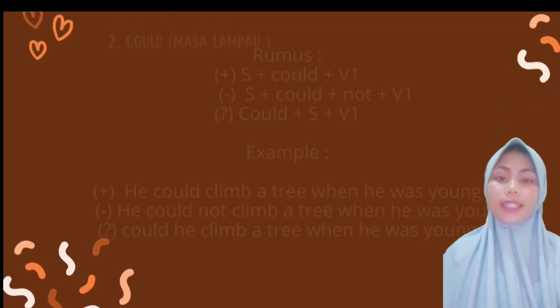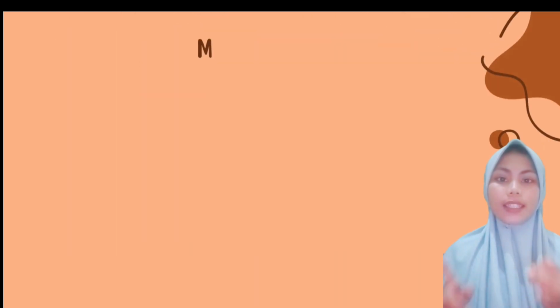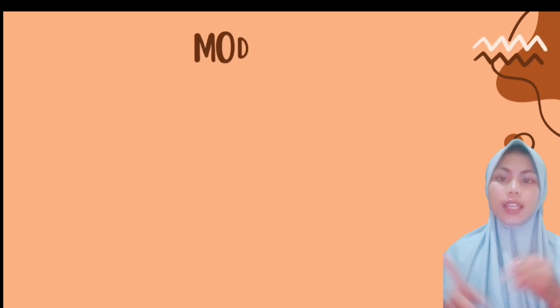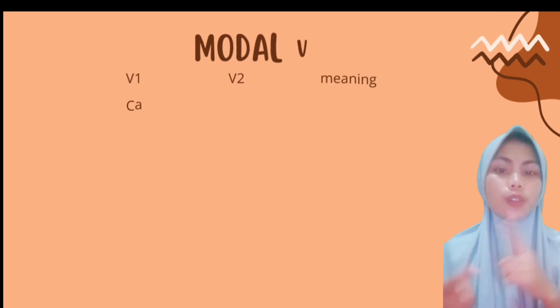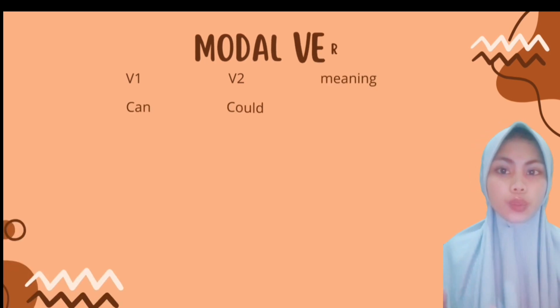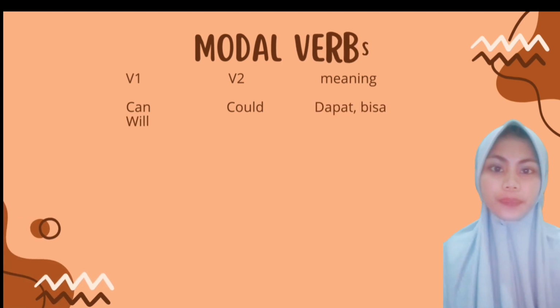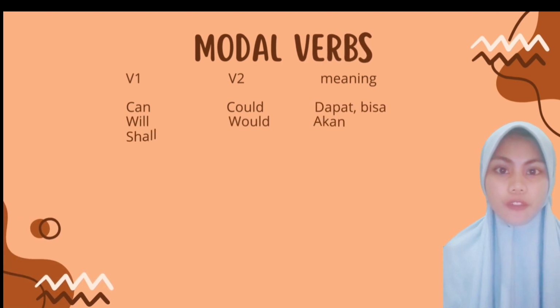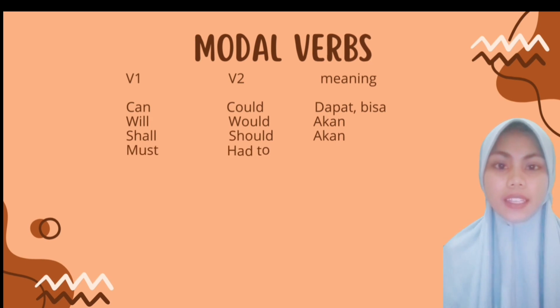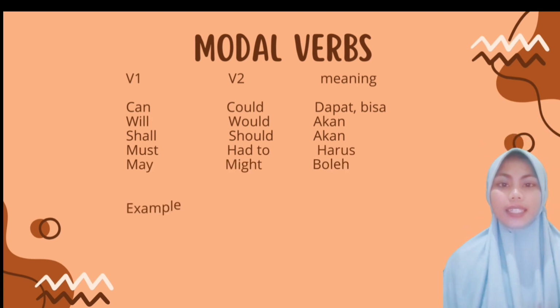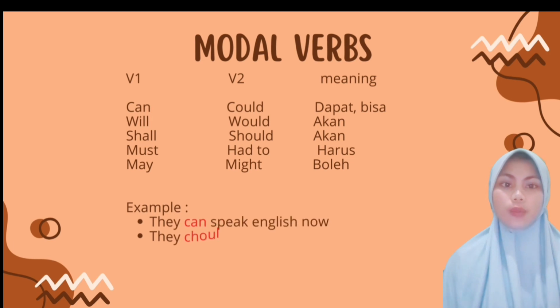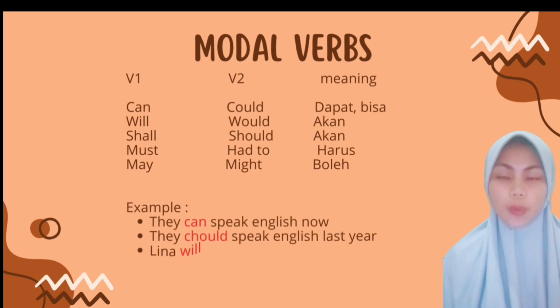Modal verbs have verb 1 and verb 2. Verb 1: can, will, shall, must, may. Verb 2: could, would, should, had to, and might. The first form is used in the present and the second form is used in the past. For example, they can speak English now.